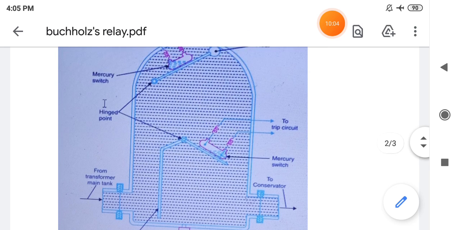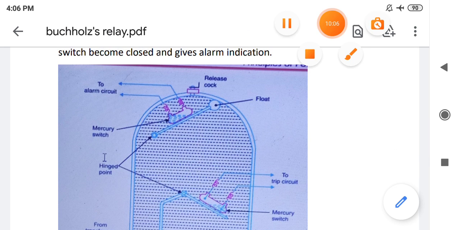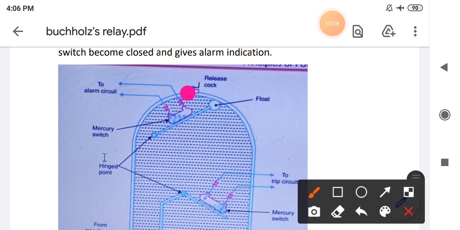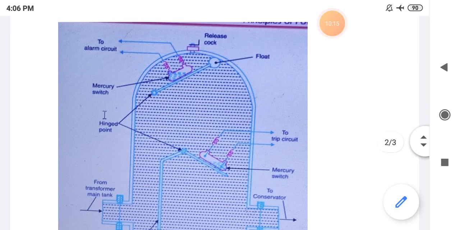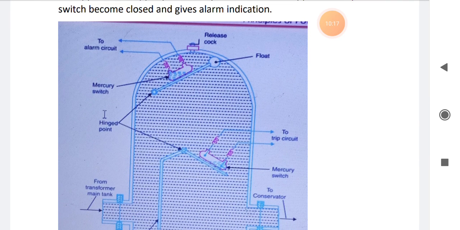What is that point? It is exactly over here, right? So it will exert a very high amount of pressure. As a result, this release cock will open and will result in the shutdown of the transformer. So it is also a protection.